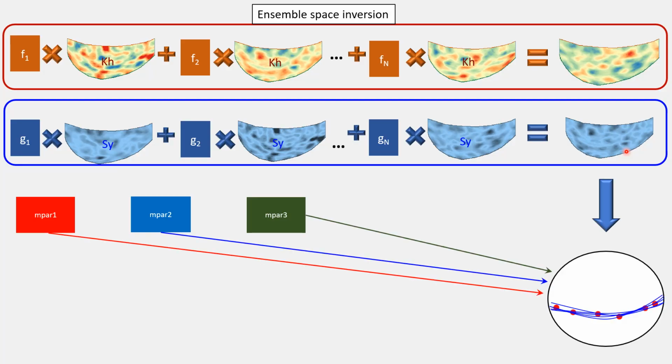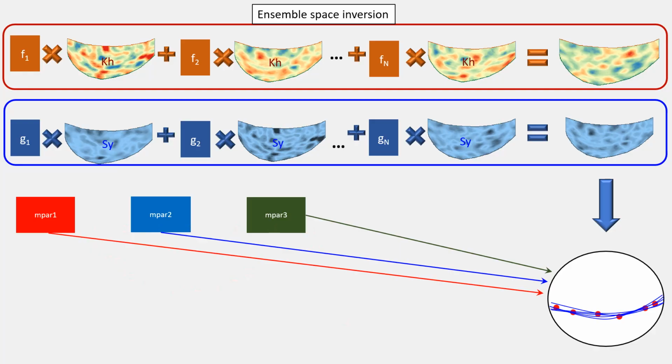So ENSI then is busy estimating factors by which parameter type specific realizations are multiplied, F1, F2, Fn, G1 to Gn, at the same time as it's estimating native model parameters. So some realization factors, some native model parameters. It's our choice of how this is done.